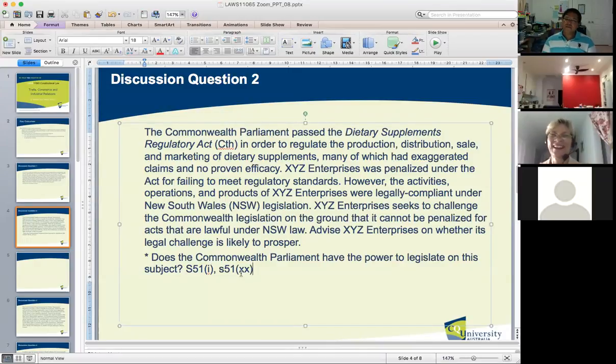So if it can be said that the Commonwealth Parliament can enact legislation on this subject matter because there is a head of power which it can cite, how do we deal with the argument of XYZ Enterprises that it cannot be penalized for acts that are lawful under a state law? How do we deal with that argument?